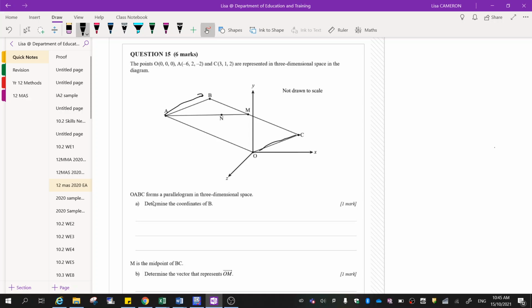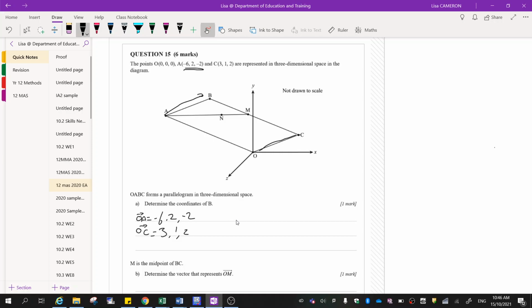So determine the coordinates of B. So from O to A is equal to the coordinates of A, because that's the coordinates from O. So that means it is -6, 2, -2. And from O to C is equal to 3, 1, 2.